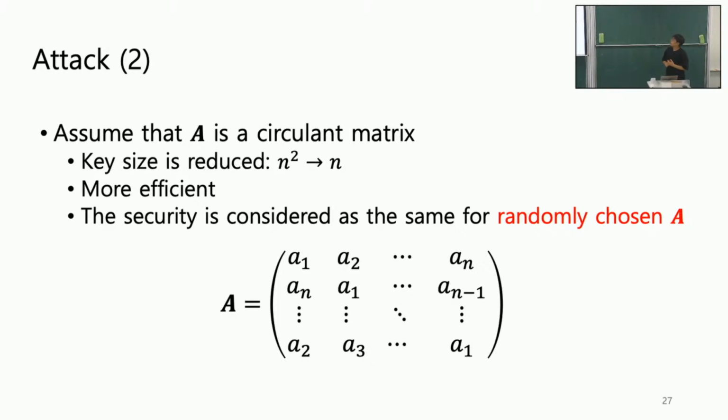Circulant matrices are widely used in cryptographic applications since the secret key size can be reduced from n squared to n. So it has a low communication cost, so it is more efficient than the previous one. However, the security of weak random functions with a circulant matrix is considered the same as for a randomly chosen A.